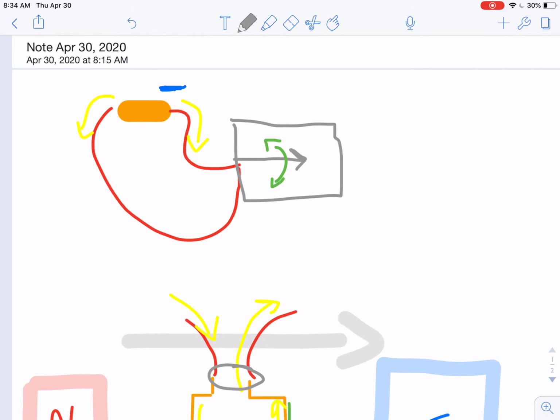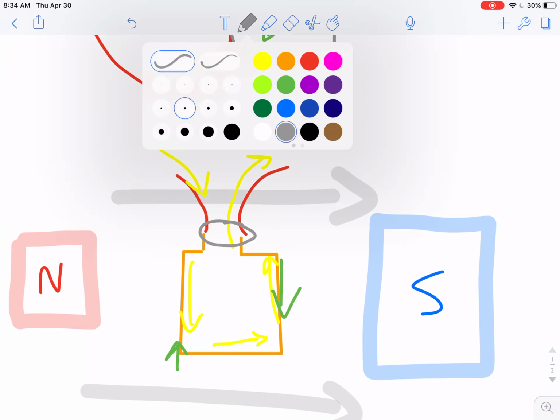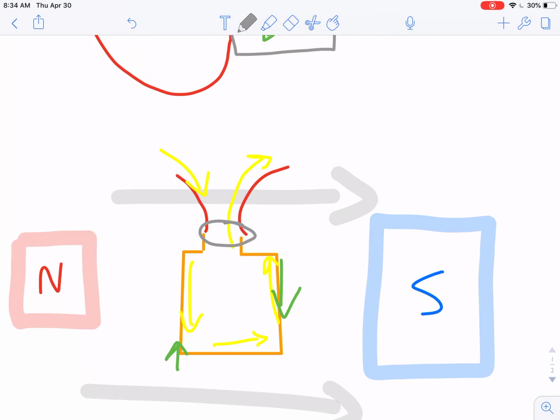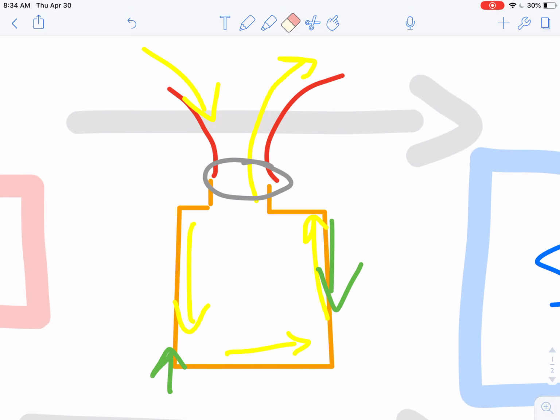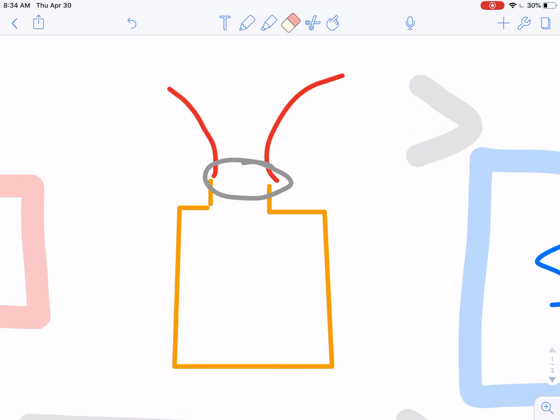And then let's say that the current flips and we move our magnet in the opposite direction, right? We're going to move the magnet now back, which means our current's going to flip. Let me try to get a drawing for you.